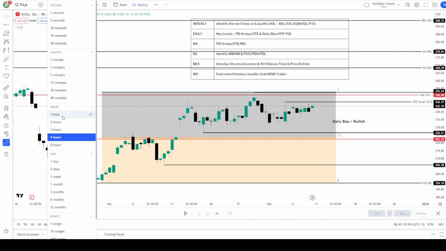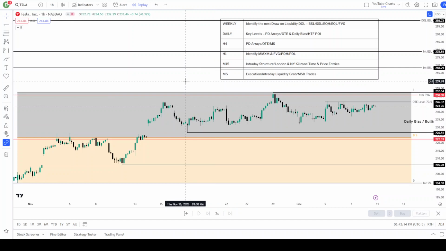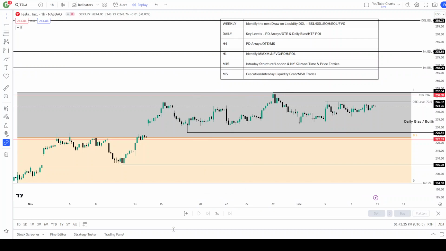Then let's drop down into the 1 hour chart. We're looking for market maker buy or sell models. To be true to market maker buy or sell, on the 1 hour time frame we're looking to see what the 1 day chart has done as far as trading back up into a fair value gap or something else, and also the optimal trade entry. We do know on the daily chart that we have come back up to optimal trade entry.